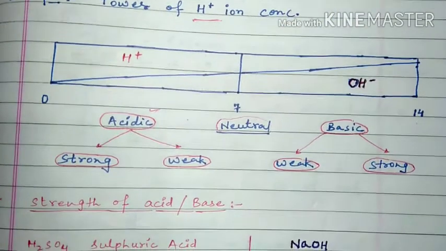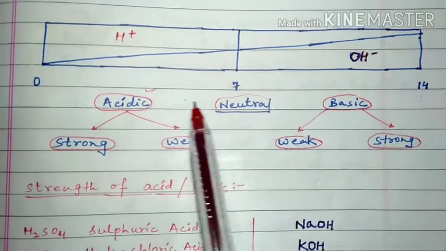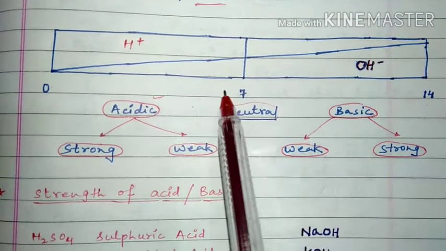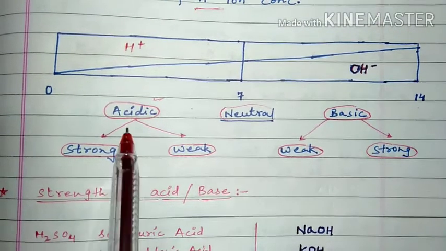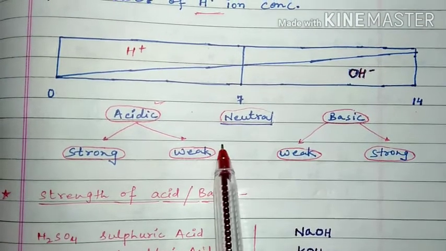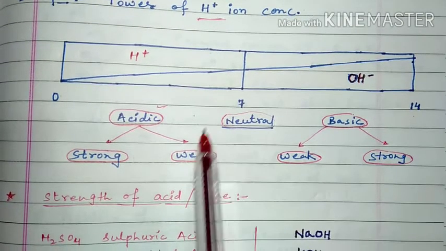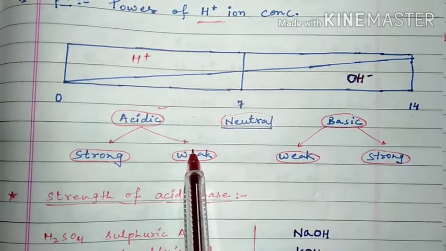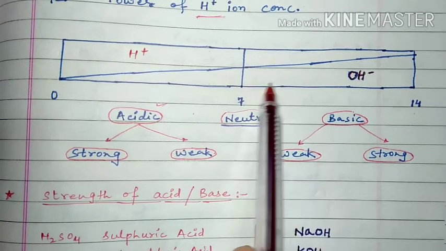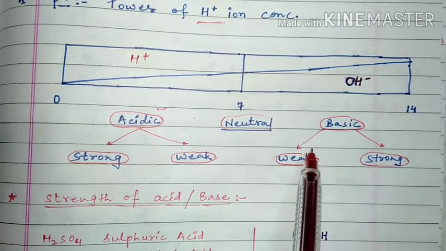Student, here you will see the acidic pH is around 0 to 7. But if the pH is near about 7, it is always weak. If it is below 7, you will find the weak acidic pH, and if it is just above 7, around 10, you will get the weak basic pH.